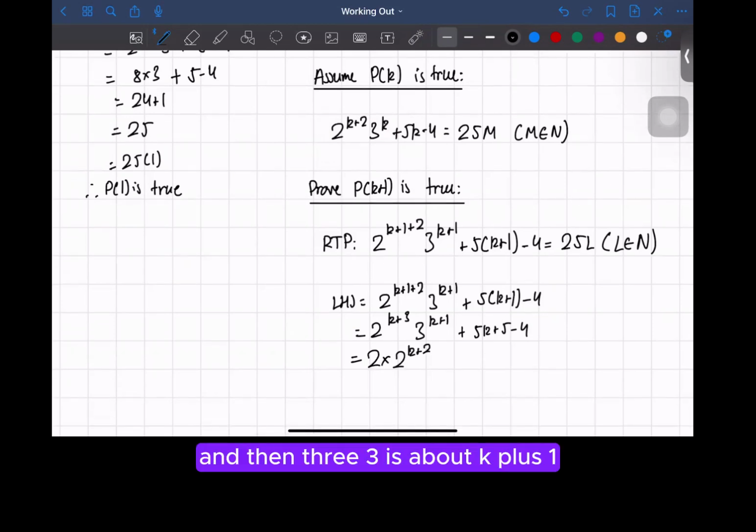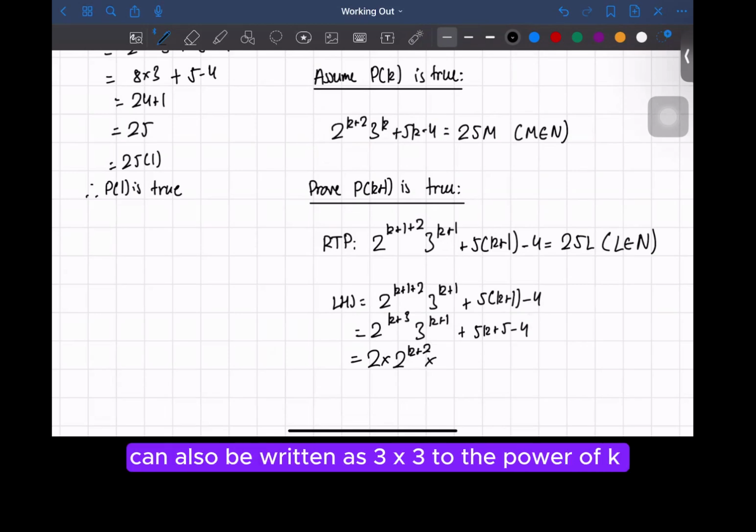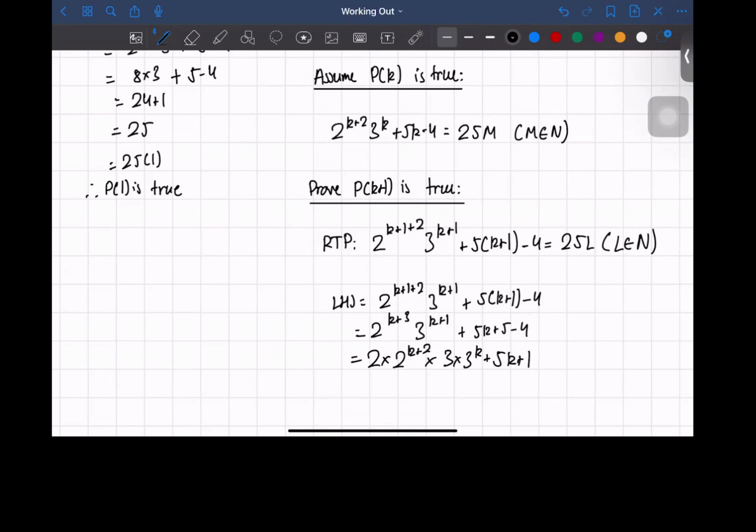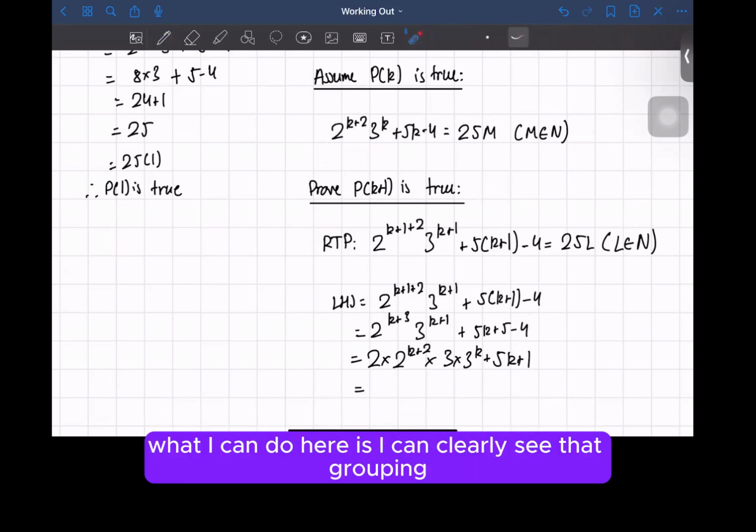Then 3 to the power of k plus 1 can be written as 3 times 3 to the power of k. And at the end, 5k plus 5 minus 4 is 5k plus 1.